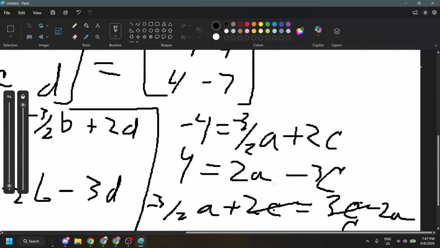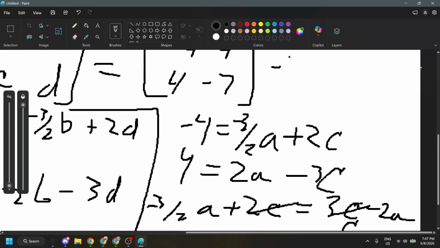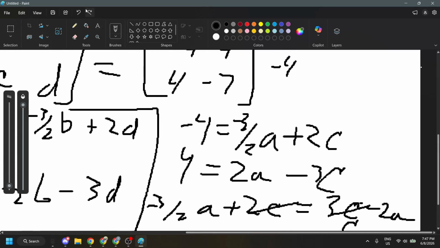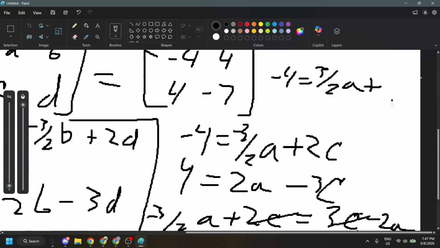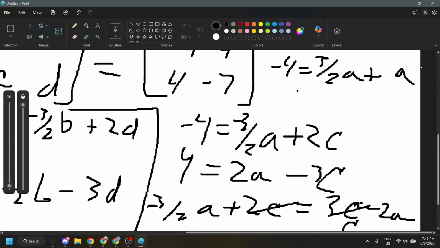Oh, and then we could just plug this back in to solve. So plug this in here: negative 4 is equal to 3 over 2a plus a. So negative 4 is equal to 5 over 2a.